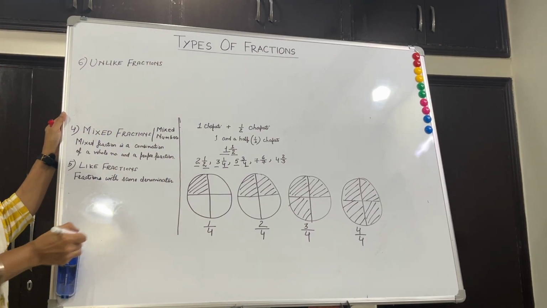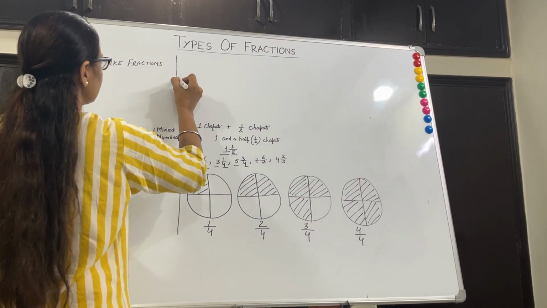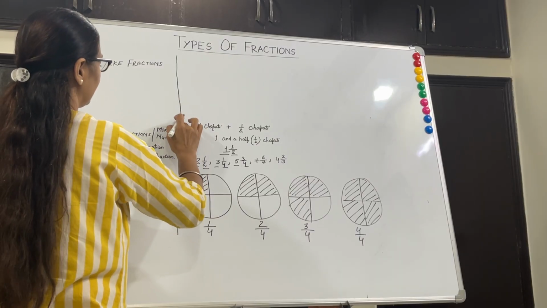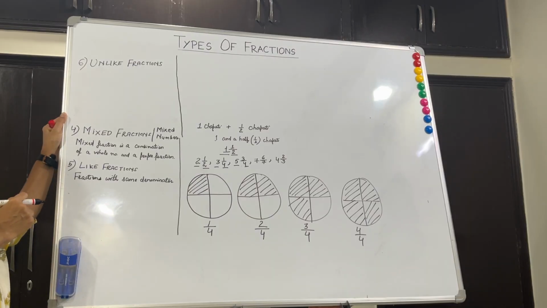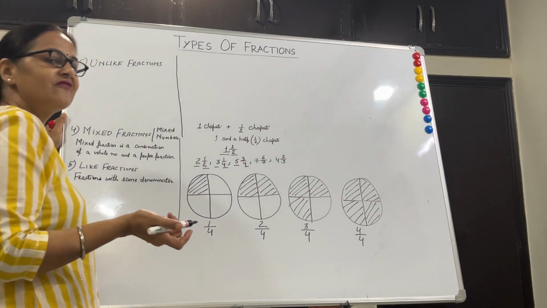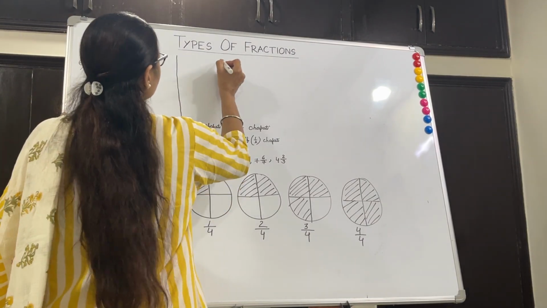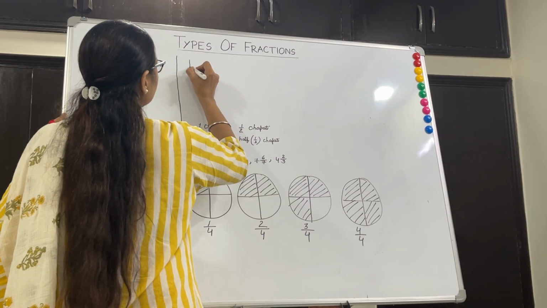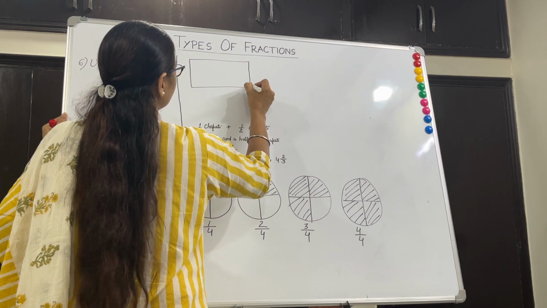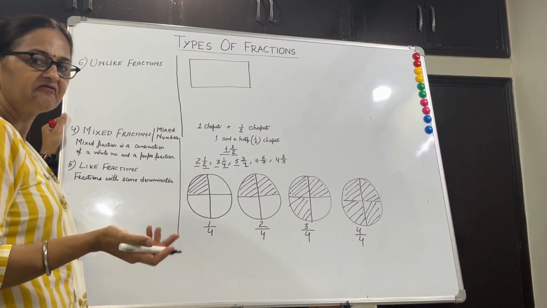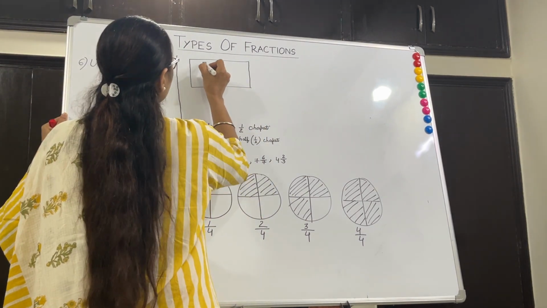Now, as the name suggests, like fractions have the same denominator, so unlike fractions will have different denominators. So we can understand it with an example. Here, different denominator means a different number of equal parts.